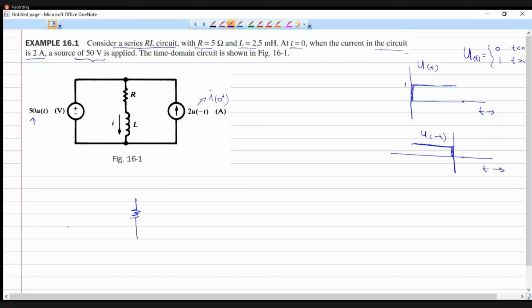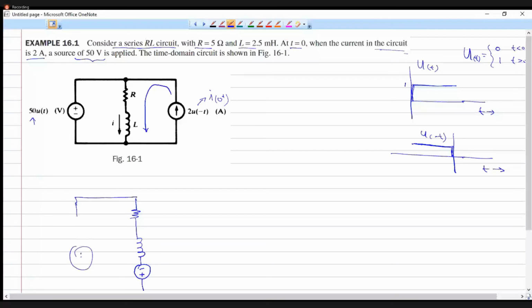We have a voltage source, plus minus, and we have the resistor and this inductor. How should I mark the polarity of the voltage? Initially this current was flowing in this manner. When I transform it to the S domain, I have to replace it with a voltage source which is driving the current in the same direction as the initial current. This is how I will draw.